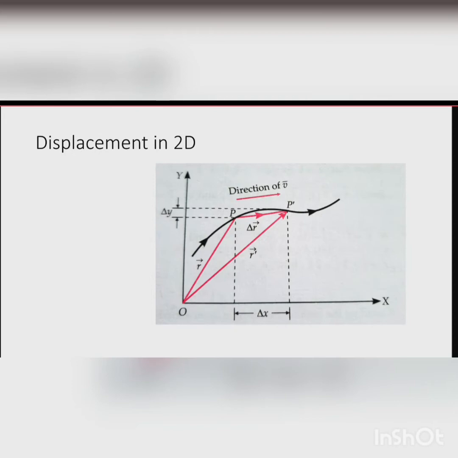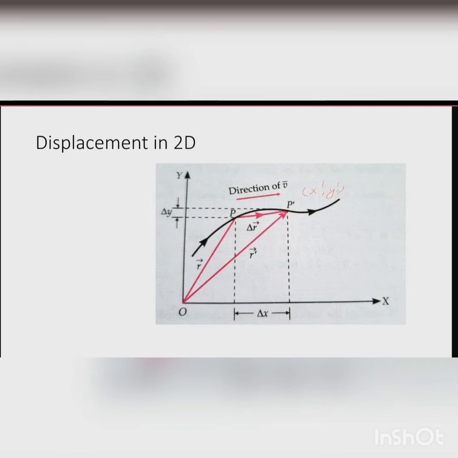But now there is going to be change along the x-axis and also along the y-axis. So the initial position of the particle is say P (x, y), and after some time it goes to point P prime, with coordinates x prime, y prime. Let's say this is the final position of the object.